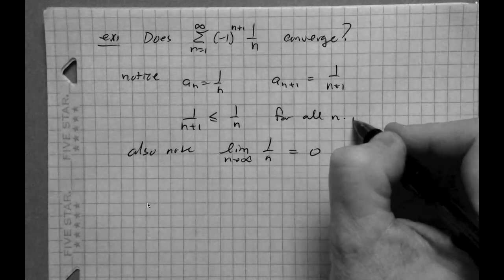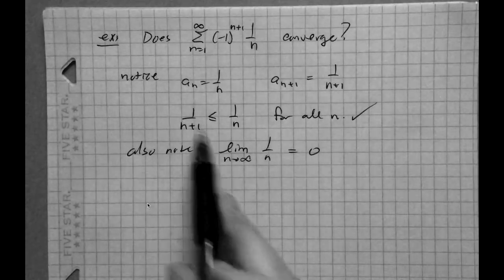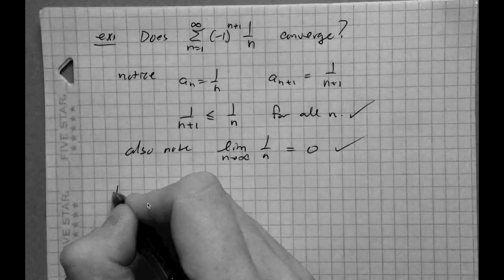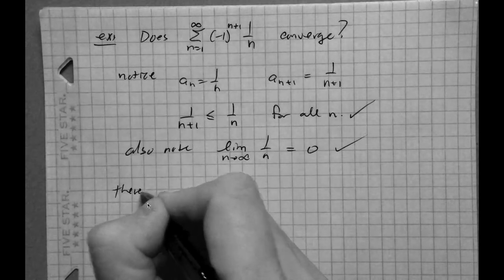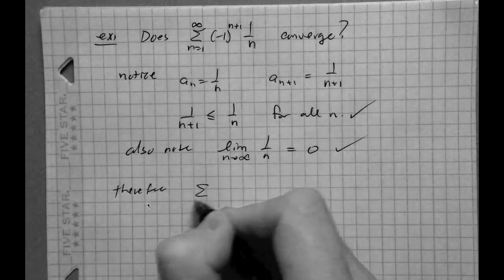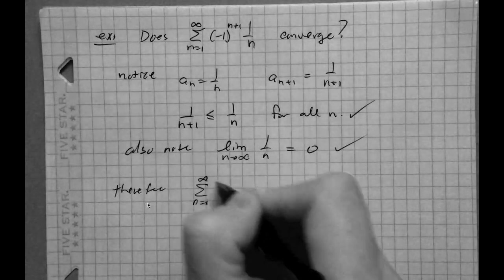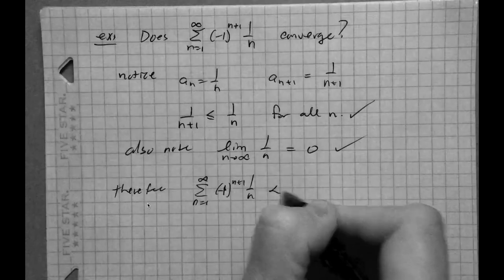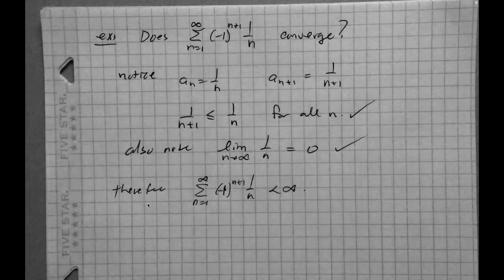So you've got the two conditions met. You've got the fact that it's decreasing. You've also got the nth term going to 0. So therefore, the series must also converge. It's going to head to some limit, some finite value.